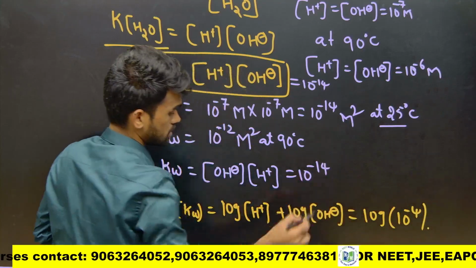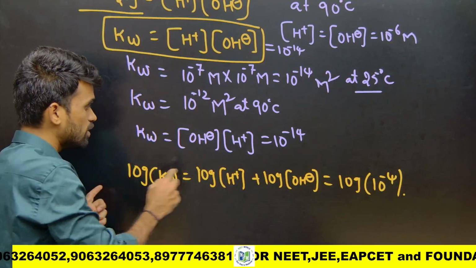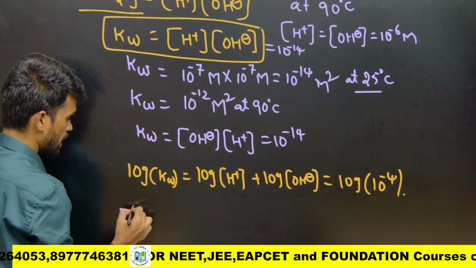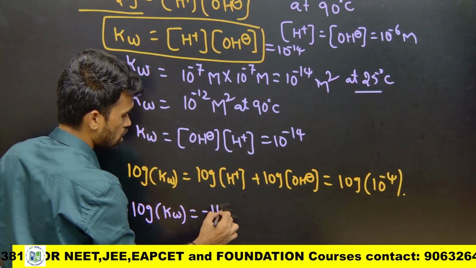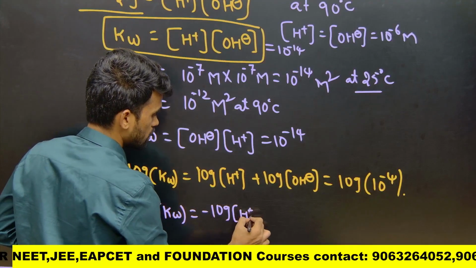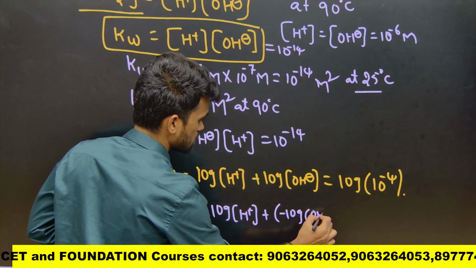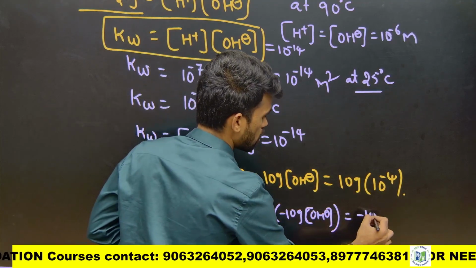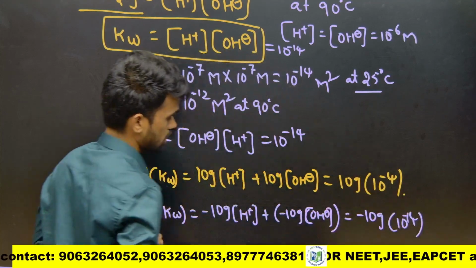I hope it is clear, there is no confusion, right? Now apply a negative sign on all sides. So minus log Kw equals minus log concentration of H plus, minus log concentration of OH minus, equals minus log of 10 power minus 14. Just write like this.